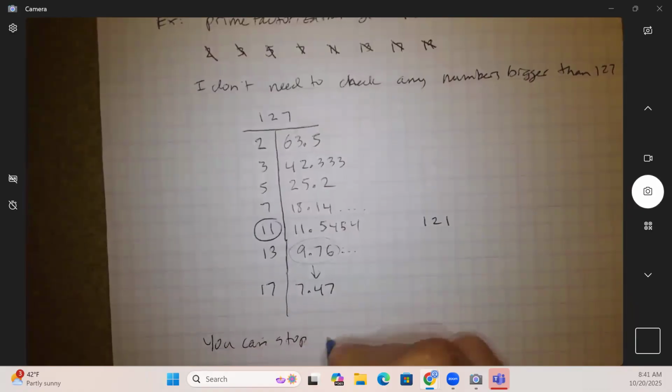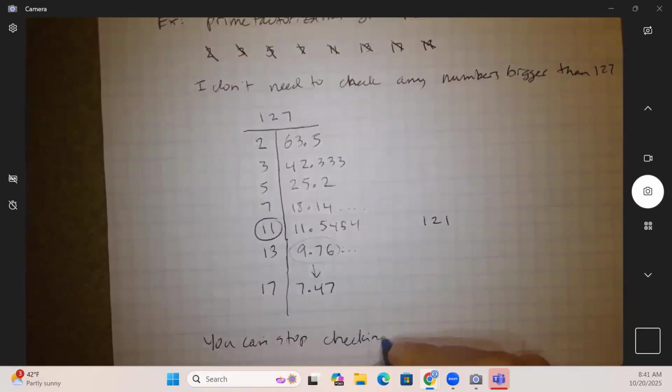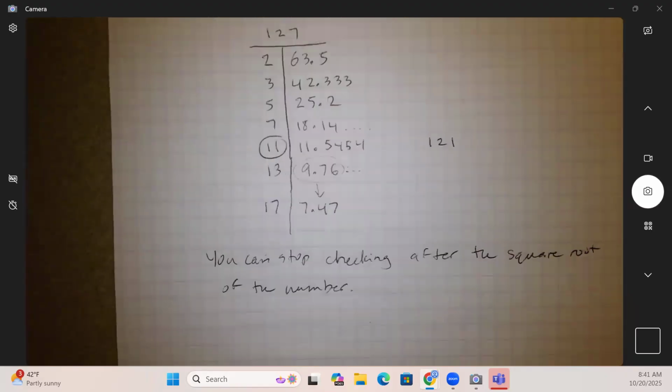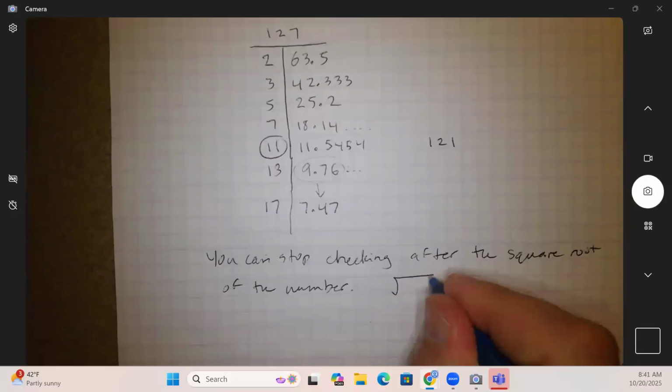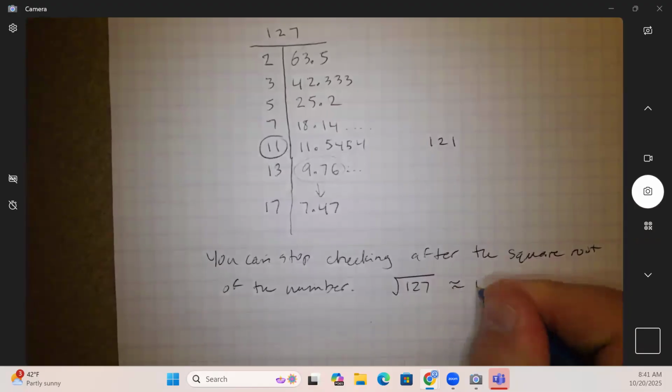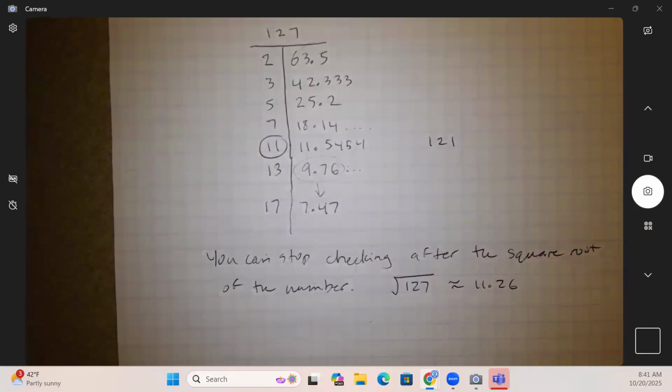And the key, this is just a little thing to remember when you're checking primes: you can stop checking after the square root of the number. The square root of 127 is about 11.26, and I can stop checking after 11.